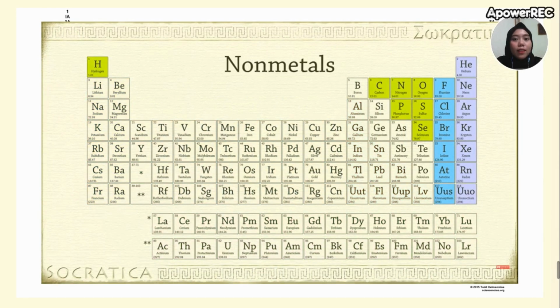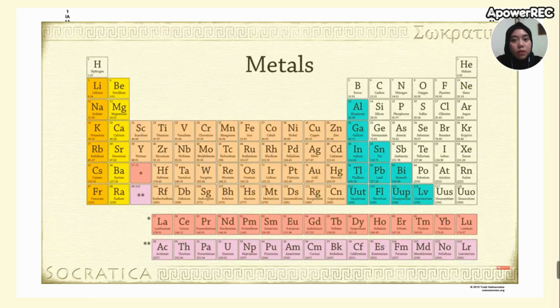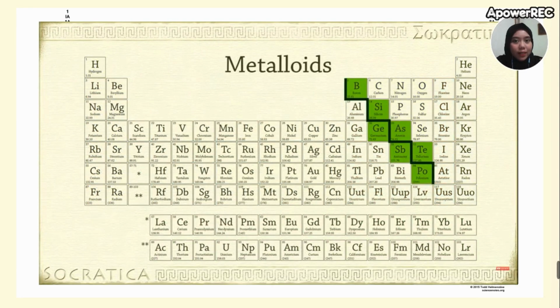Nonmetals can be found on the right side of the periodic table and also the left side, as the exception of hydrogen, but it's still a nonmetal. Nonmetals are typically not shiny and are bad conductors of heat and electricity. And then there's a dividing line between the nonmetals and the metals, which we call metalloids. It looks like a staircase, and its properties fall between metals and nonmetals.